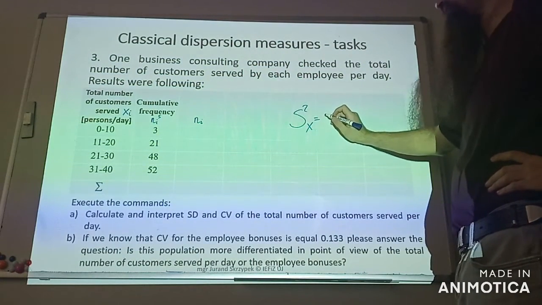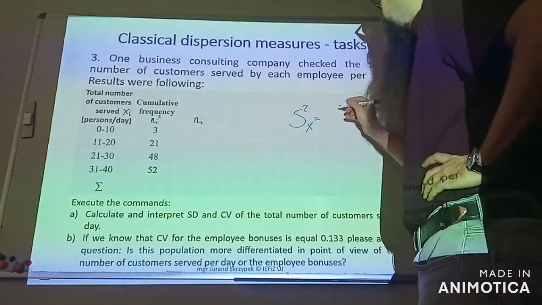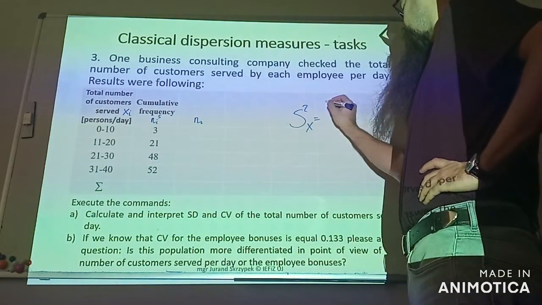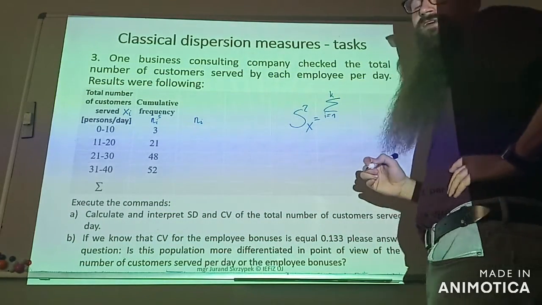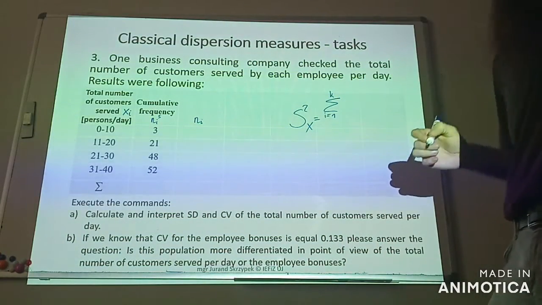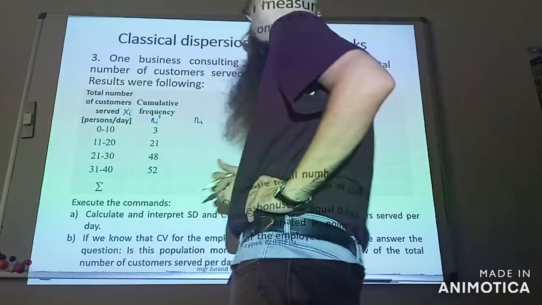So the variance is given by the formula here. The sum from i equal 1 up to k, we have k classes. In our example, we have 4 classes.